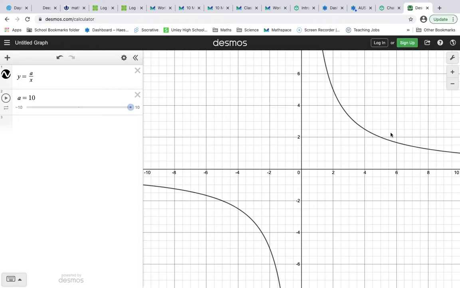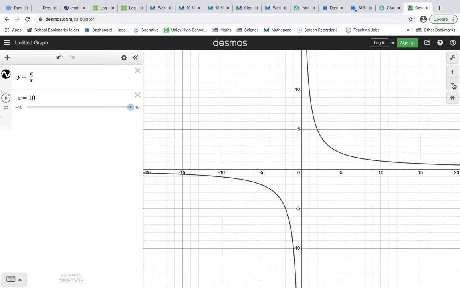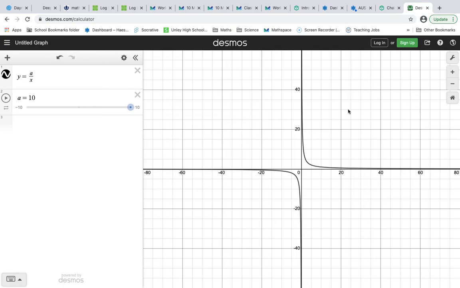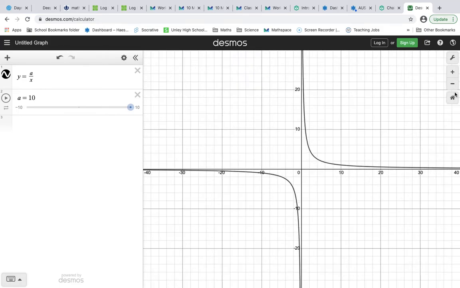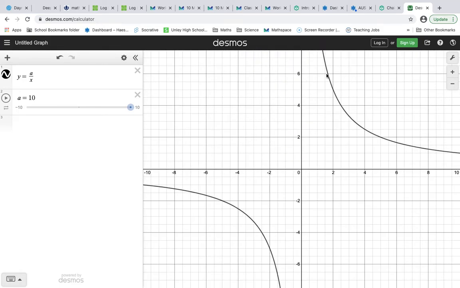Right. Now, in terms of the shape, it's actually not doing that much, especially if you zoom out. It still looks like a rectangular hyperbola. But you can see the y values are going up a bit there, as you'd expect, because we're multiplied by 10 on top of the function.